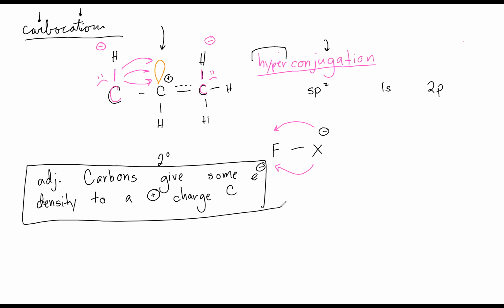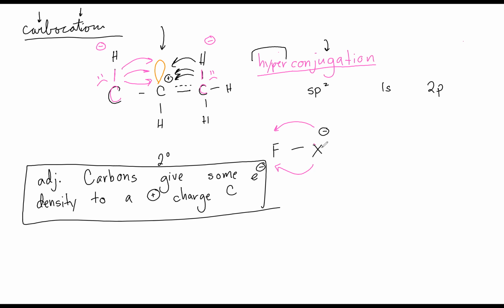When you get into Orgo 2 and beyond, you'll learn about electron donating groups and electron withdrawing groups, and a lot of these work in the same way. It's just that in this case, these guys will donate negative charges to that positive carbon. And again, it's different from induction, because induction has just a regular non-charged atom that pulls negative charges towards itself because it is electronegative.